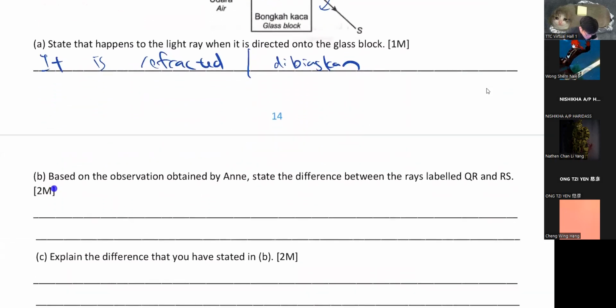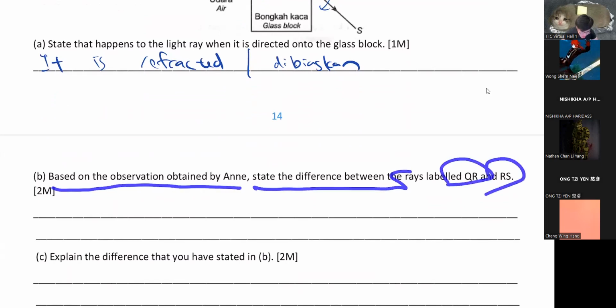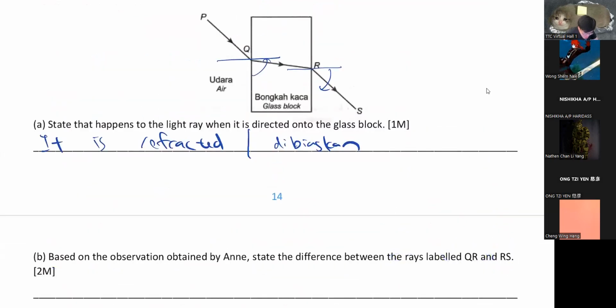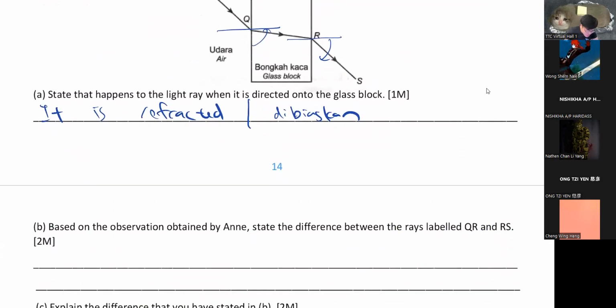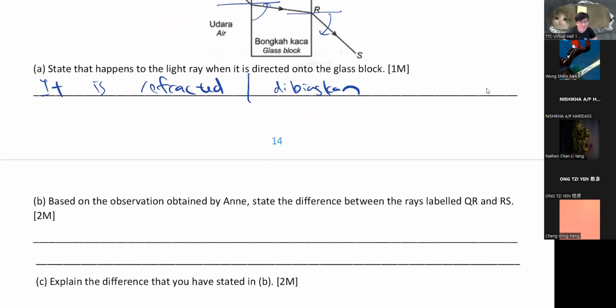Okay, so B, based on the observation obtained in A, state the difference between the rays labeled QR and RS. Okay, QR and RS. So what's the difference here? You see, QR is bending in towards the normal. RS is bending out away from the normal.